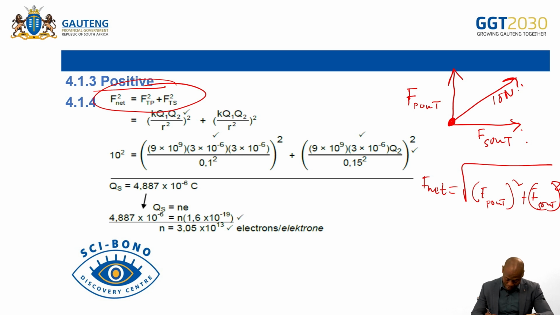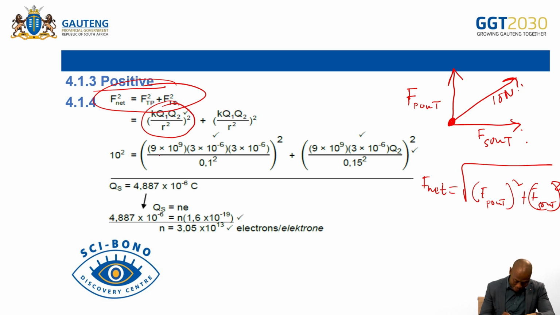Then from here, remember, what are you looking for? You can start by calculating a force, but it's going to take time. What they've done here is calculate the charge. So this is FTP, right?